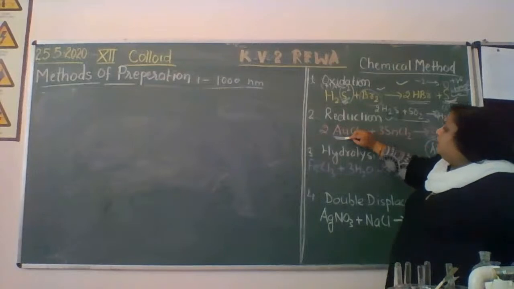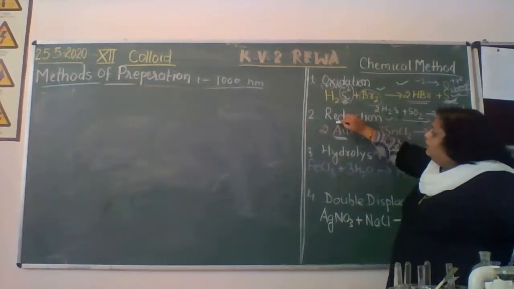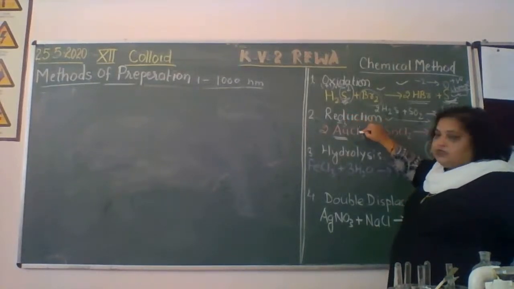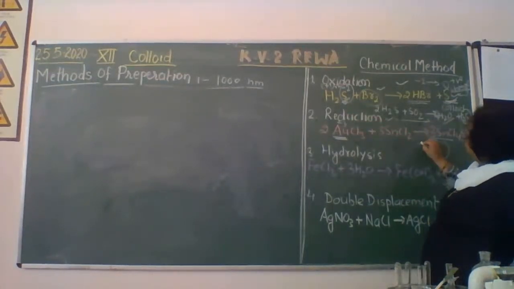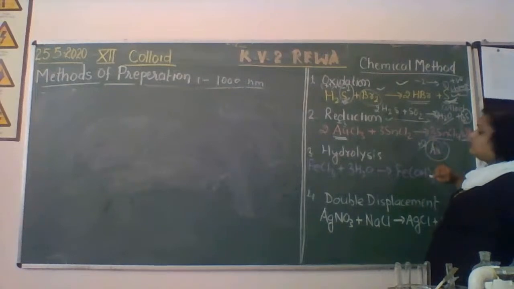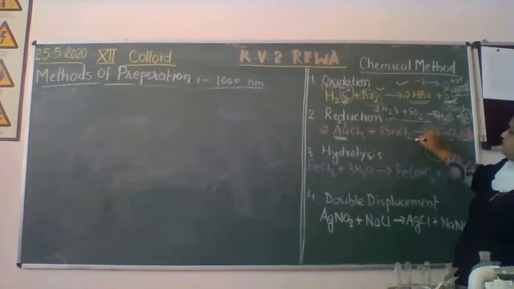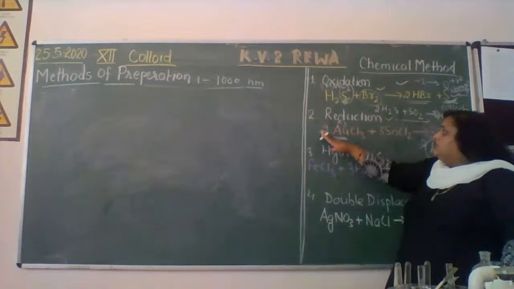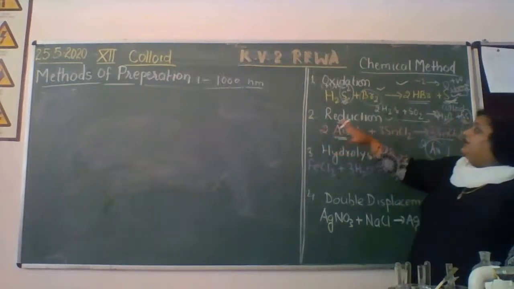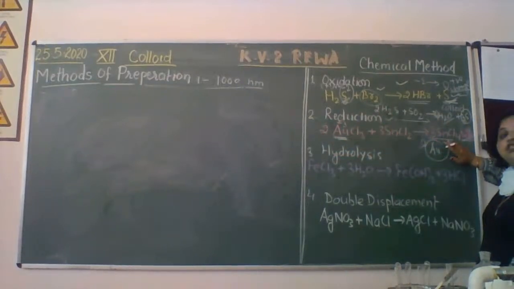Here, what is the oxidation state of gold? +3, since Cl is the minus unit. Now it has become oxidation state 0. So what is happening here? You can see in this reaction the gold has converted from +3 to 0.